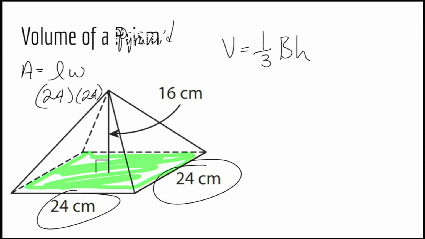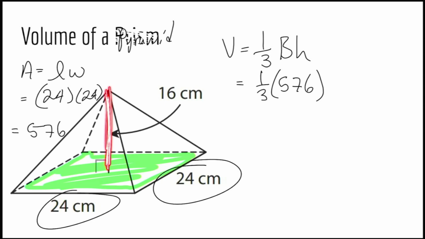And again, I don't have a calculator, so let me pull out my phone. 24 times 24 is going to be 576. So the area of my base, my big B, is going to be 576. Now, I need the height of my pyramid.